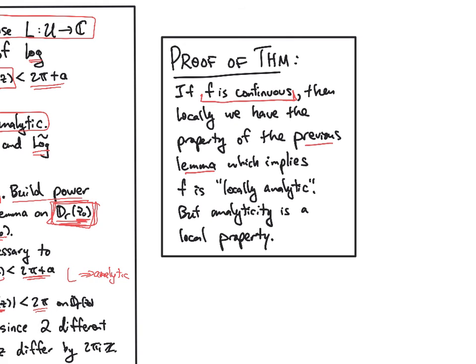So at any point I can look at a small enough disk where the values of the imaginary part are trapped in an interval of length less than 2 pi, and that restricted function will be analytic, but being analytic is a local property, so you automatically get the proof of the theorem. So continuous branches of the log will be analytic. So now that we know that these different logarithms are analytic, we can define power functions, and we will know that power functions are automatically analytic.